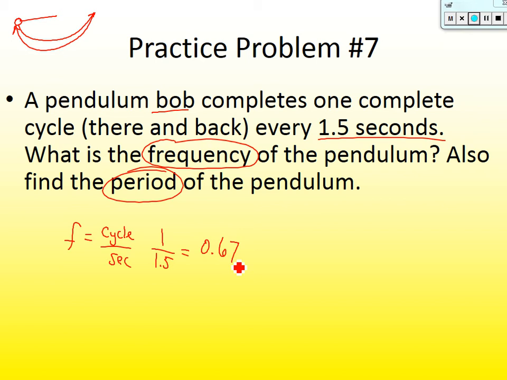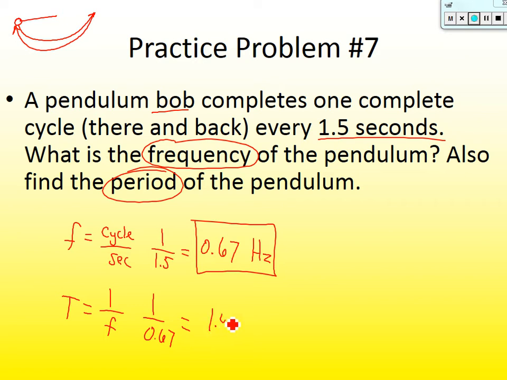What are my units there for frequency? Hertz. So please put that. Capital H, lowercase z. All right, now let's do this one a little different than we did last time. If we know the frequency, isn't period equal to 1 divided by the frequency? Yes. It's the inverse. So let's do 1 over 0.67. What do you get? I'll tell you. 1.49. Yeah, 1.49. And that's going to be seconds per cycle, right?